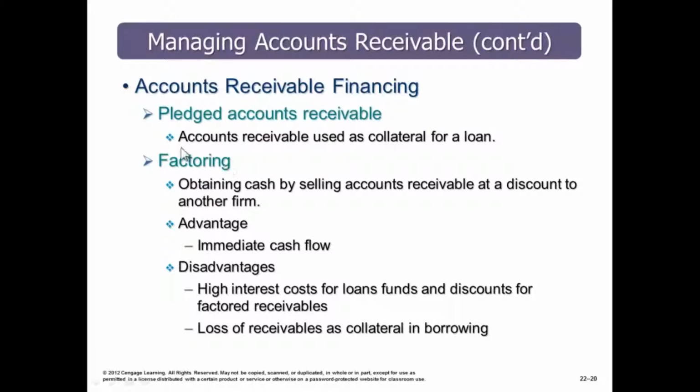There are companies called factors, and they will lend you money discounted against your accounts receivable, and they will charge you interest on that money until those accounts are collected. The obvious advantage is you get immediate cash. The disadvantage is it's very costly to do that. You only get a fraction of what your accounts receivable are worth. I'd recommend that small businesses stay away from that if at all possible.